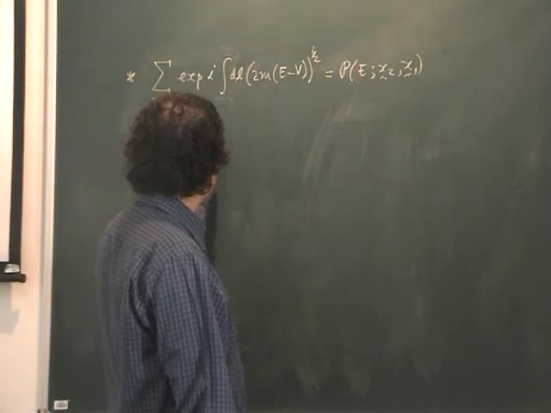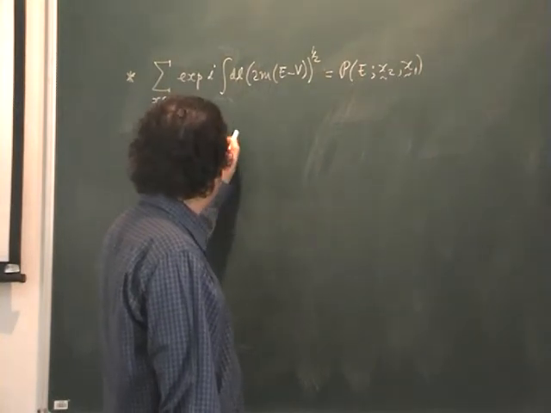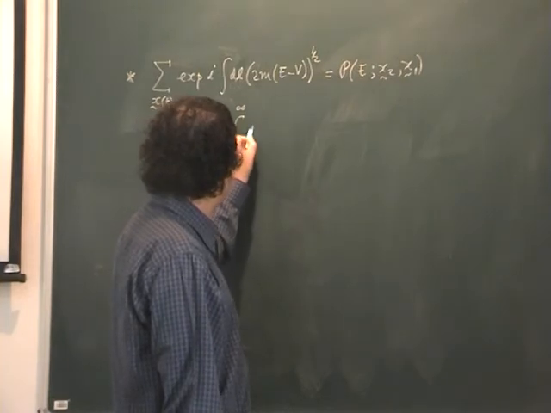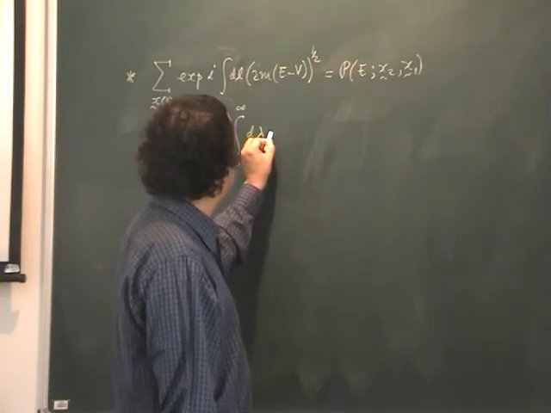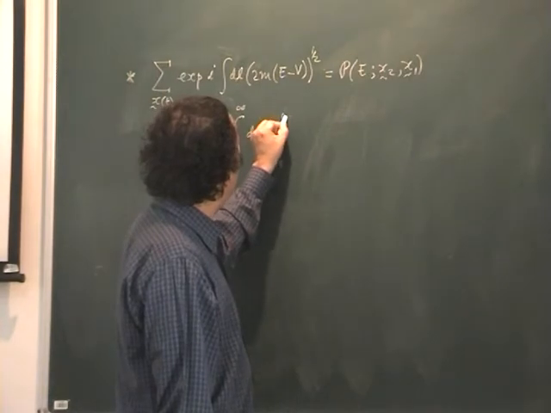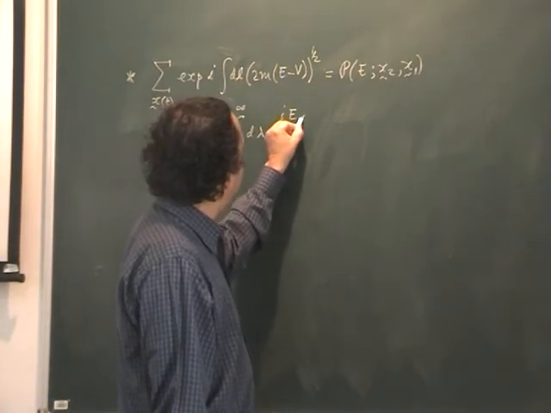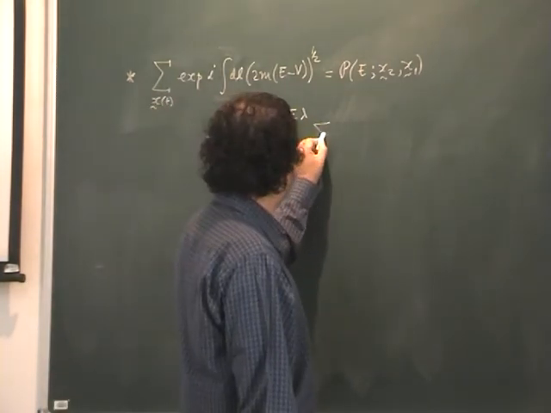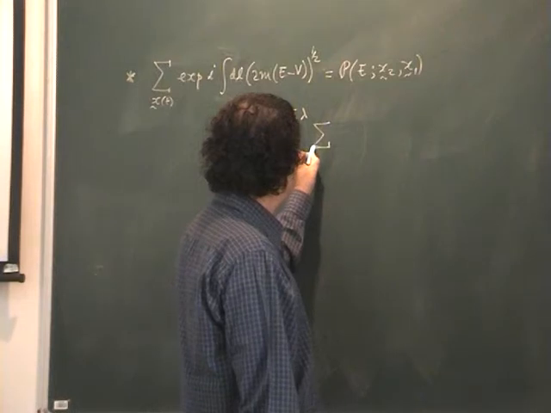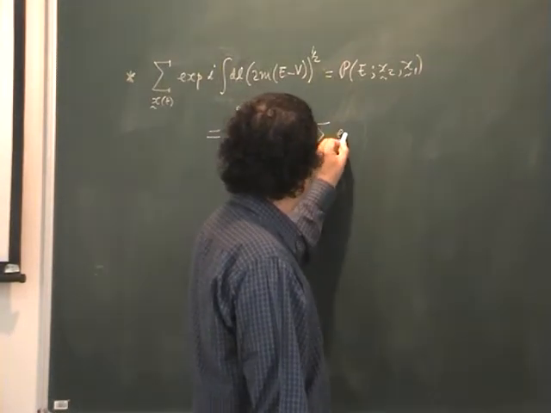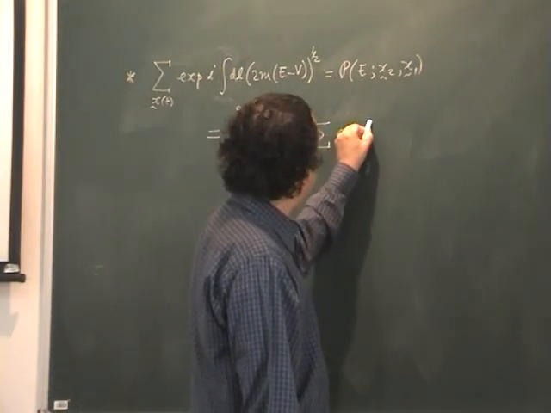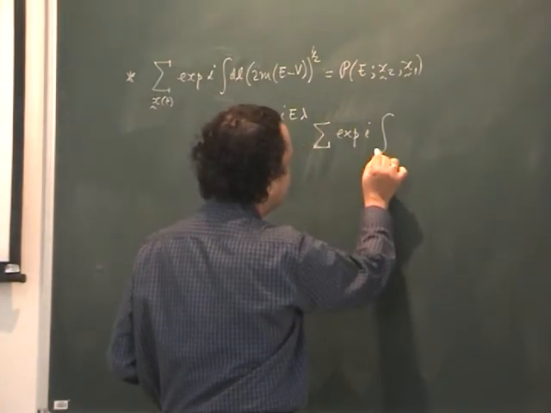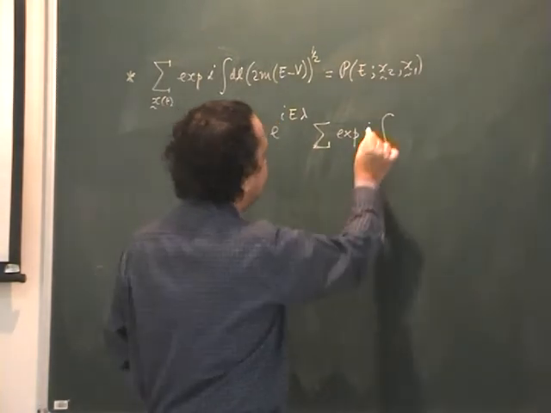Then we showed that this can be related to the integral from 0 to infinity of some time variable, some dummy variable, e to the i E lambda of the original path vector, which is going from one end to another, of exponential i. So this path integral is evaluated over some 0 to whatever is this time interval.